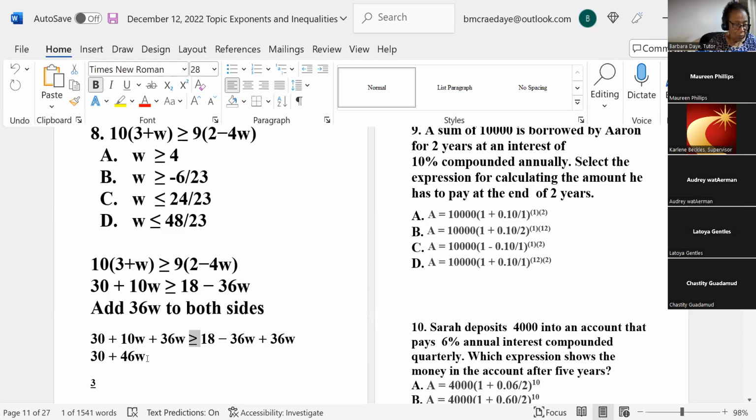And what is the right side, Audrey? What's the 18 minus 36W plus 36W? 18 plus 36 is 72. Wait, Audrey, what's a minus 36W and a plus 36W? Zero.